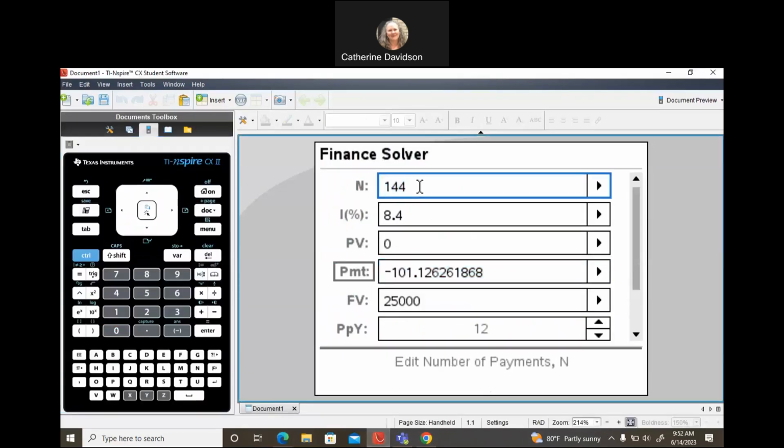So let's put all this in. And we said it was monthly. So we need to find N. Arrow up.